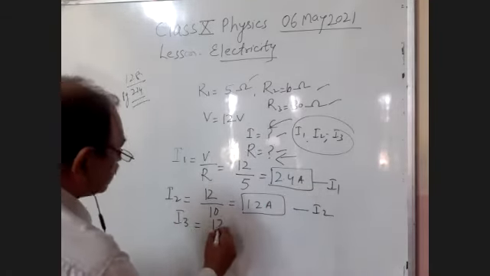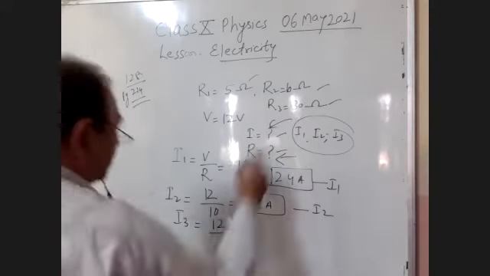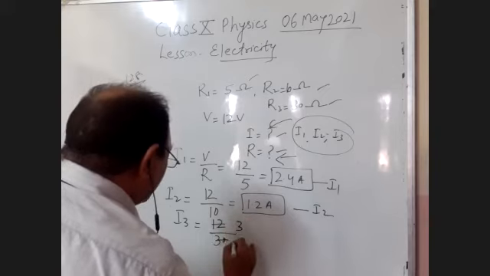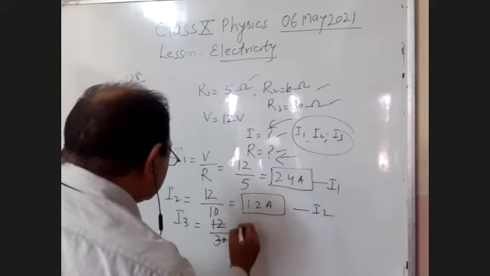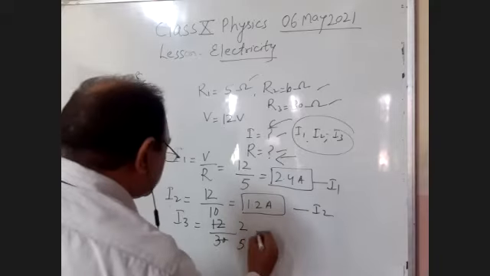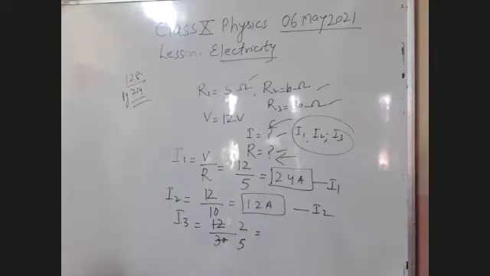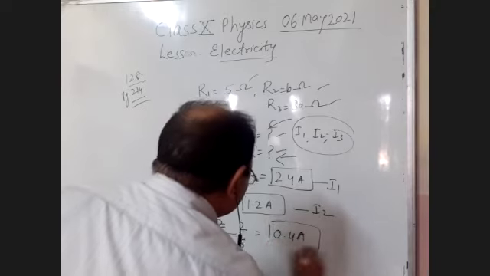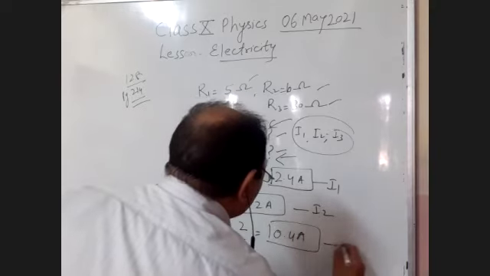I3 will be 12 divided by 30. Six twos are twelve and six fives are thirty. So if you divide this, it will be 0.4 ampere. This is your value of I3.